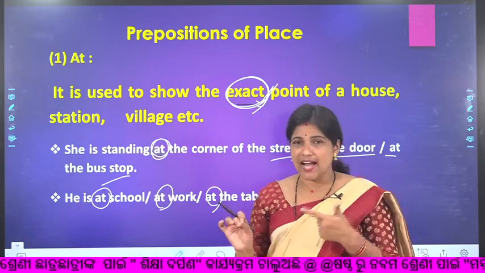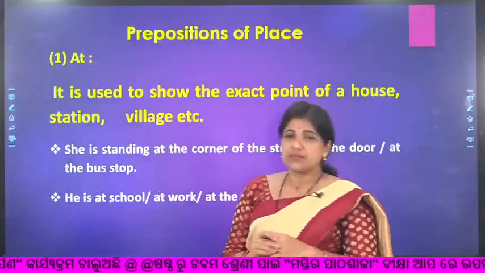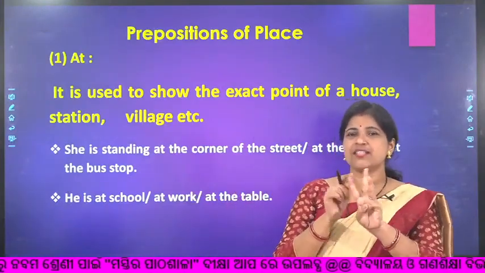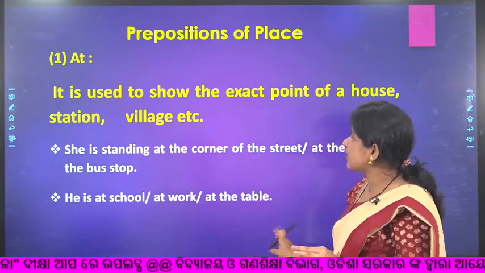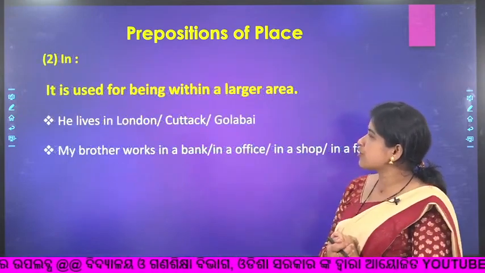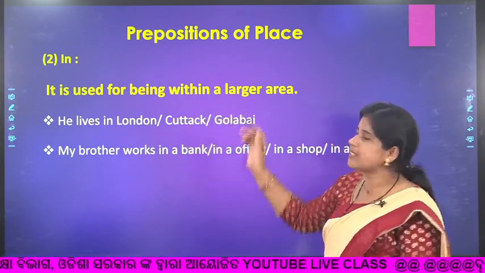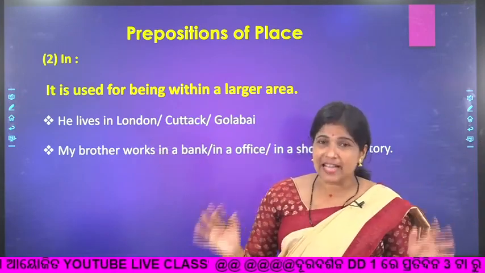So three particular prepositions we are going to discuss in this class. Number 1 is at, and next let us see what other prepositions. Generally I have shown you the three: at, on, in. What is the speciality, where to use, how to use. So in is used for being within a larger area.